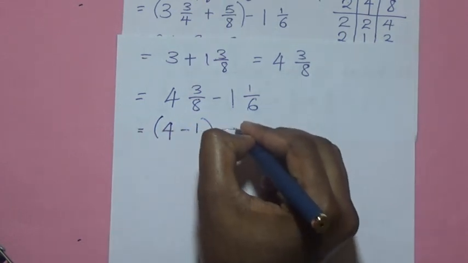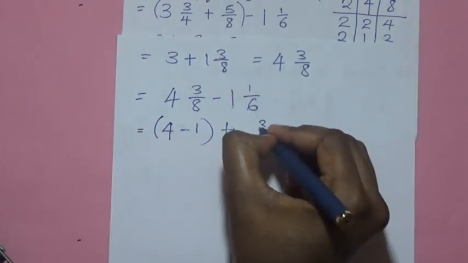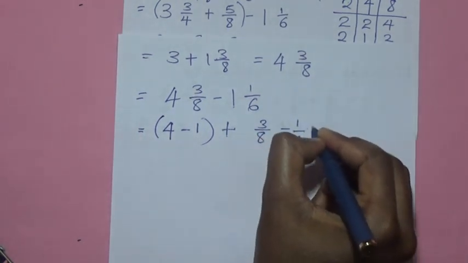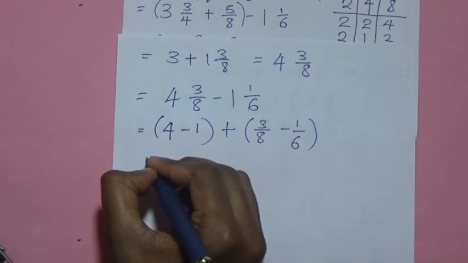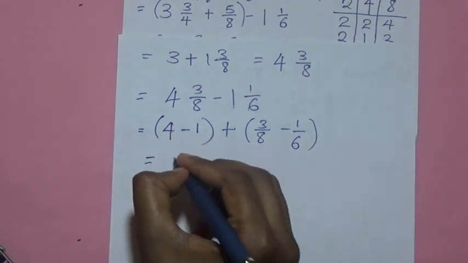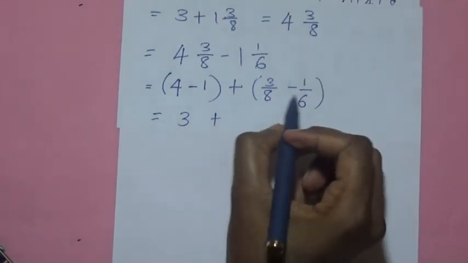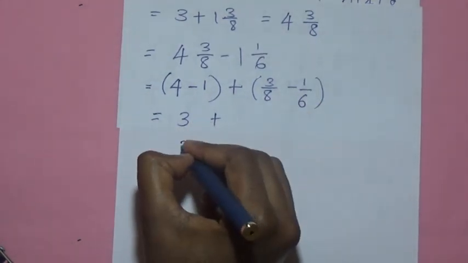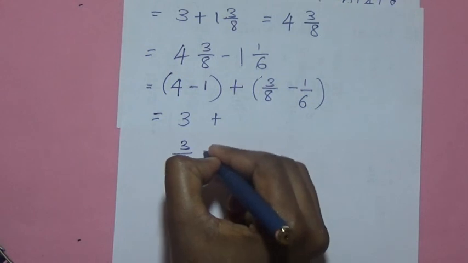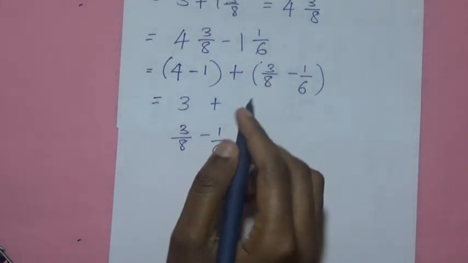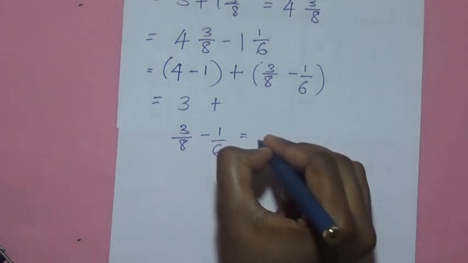The answer you get, you add to 3 over 8, you subtract 1 over 6. So 4 minus 1, we have a 3 plus, then we work out this, we have 3 over 8 minus 1 over 6. We need to find the LCM.